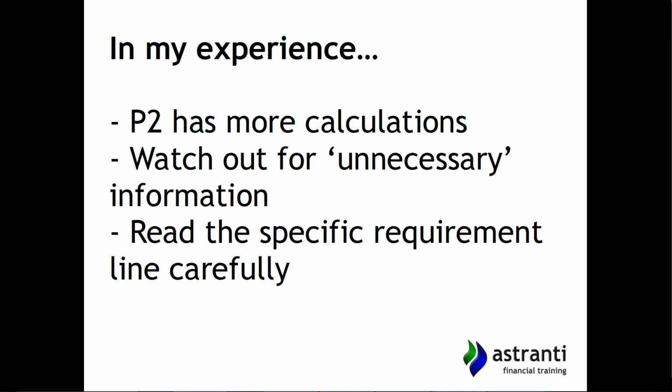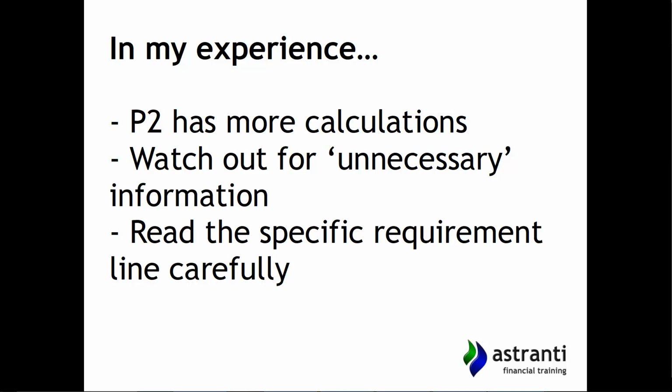So always make sure you pick out the specific requirements very carefully. It may sound simple, but under exam conditions, it's remarkably easy to misinterpret the questions. Those would be my three main tips following on from my creation and analysis of these 100 P2 questions.